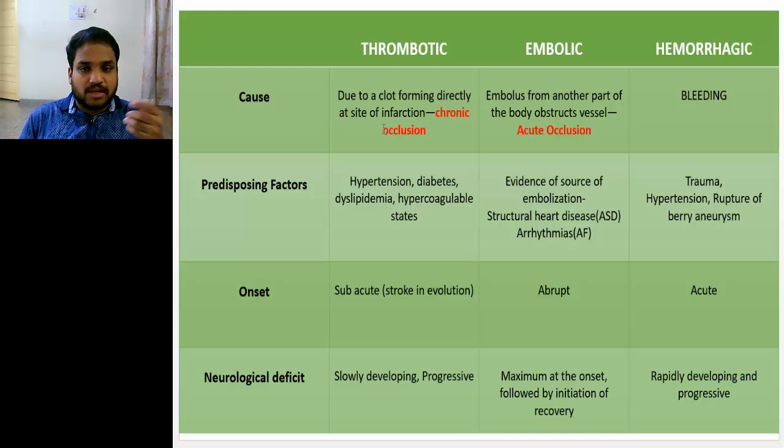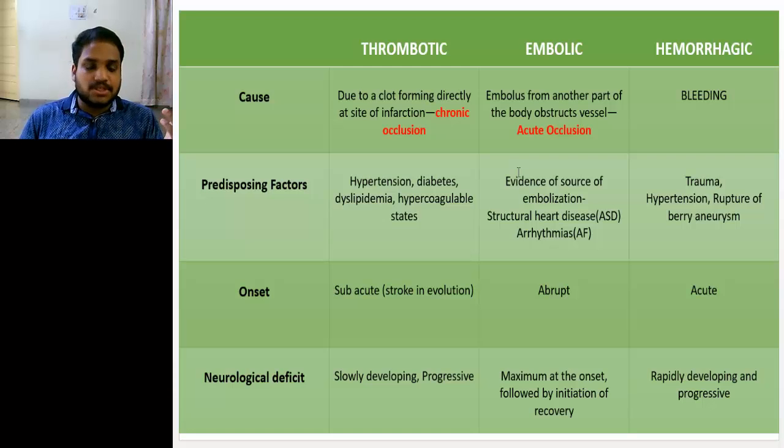What are the predisposing factors for a thrombotic stroke? Hypertension, diabetes, dyslipidemia, hypercoagulable states. All these predispose a person to developing a thrombotic stroke. And for embolic stroke, there should be evidence of a source of embolization. The embolic stroke in fact has a bimodal age distribution, occurring in the young as well as in the old.